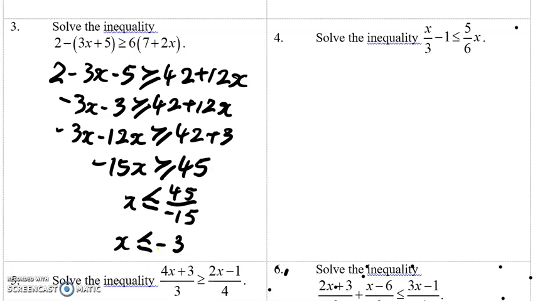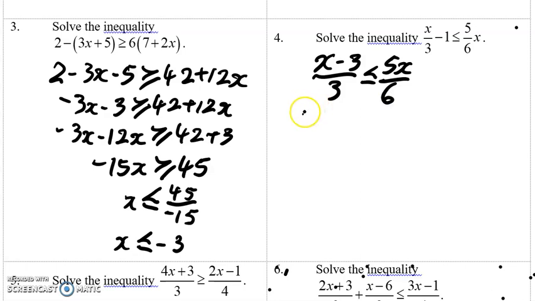For question 4, we are dealing with fractional inequalities. So on the left hand side, we actually can have x minus 3 over 3 will be less than or equal to 5x over 6. So since the LCM of 3 and 6 is just 6, we multiply 6 on both sides.